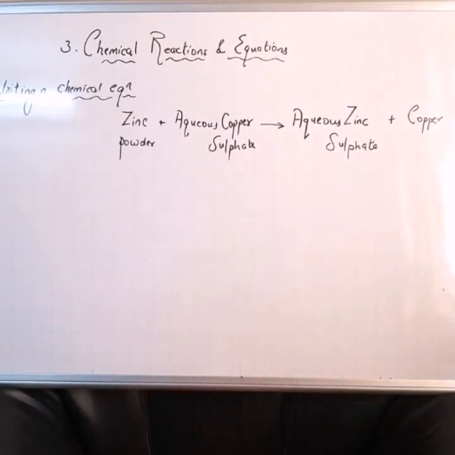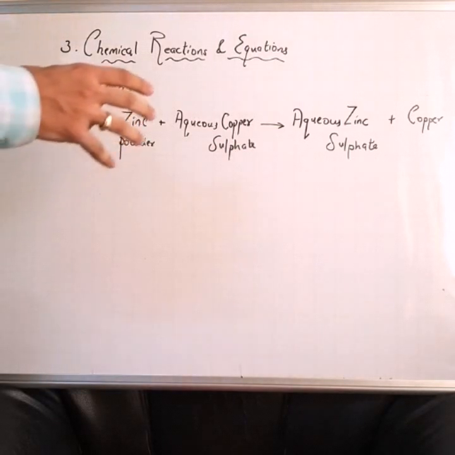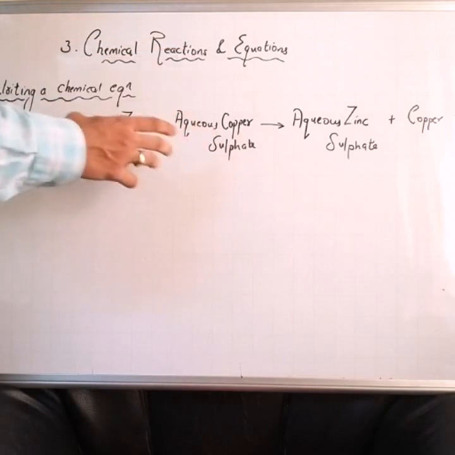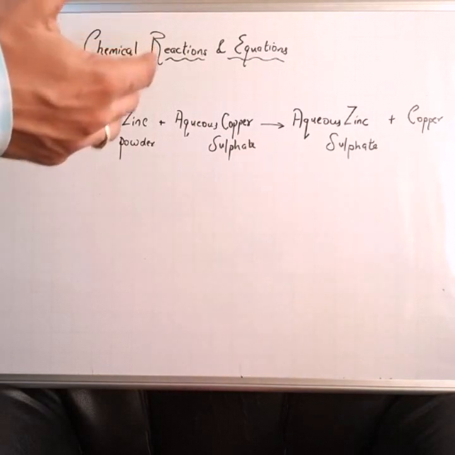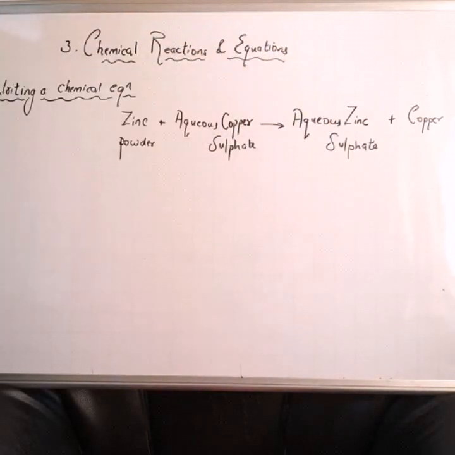Now let's write a chemical equation, and we have taken an example of zinc powder, which is added to aqueous copper sulfate, and the product is aqueous zinc sulfate and copper. First of all, the rule you understand: the original compounds or substances will always be written on the left hand side, and the new products are written on the right hand side.